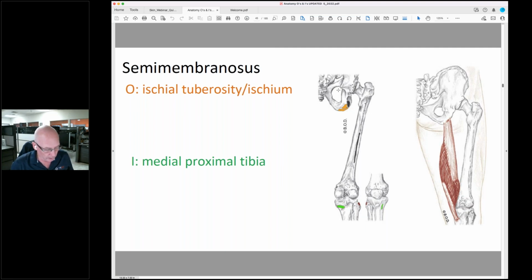So basically the origin and insertion are the same for semitendinosus and semimembranosus.